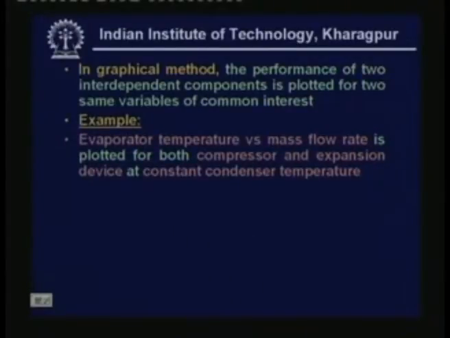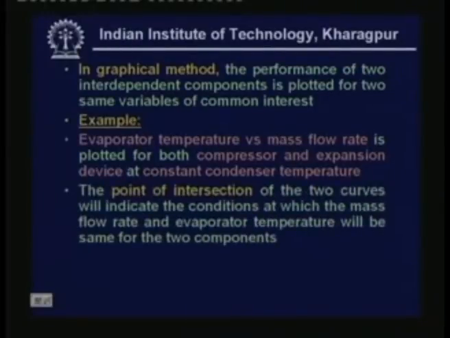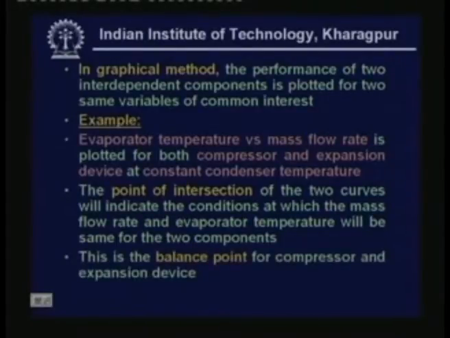I am going to give the same example. The evaporator temperature versus mass flow rate is plotted for both compressor and expansion device at constant condenser temperature. The point of intersection of the two curves will indicate the conditions at which the mass flow rate and evaporator temperature will be same for the two components. This is the balance point for compressor and expansion device.